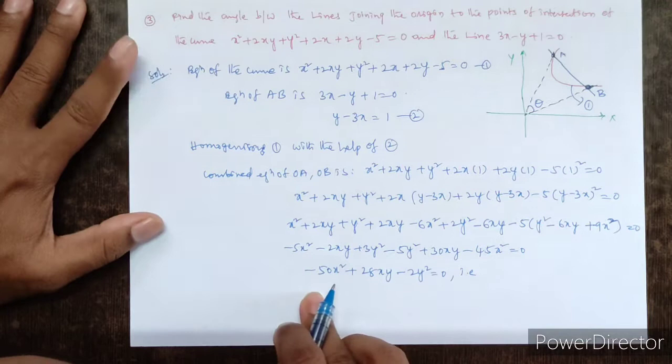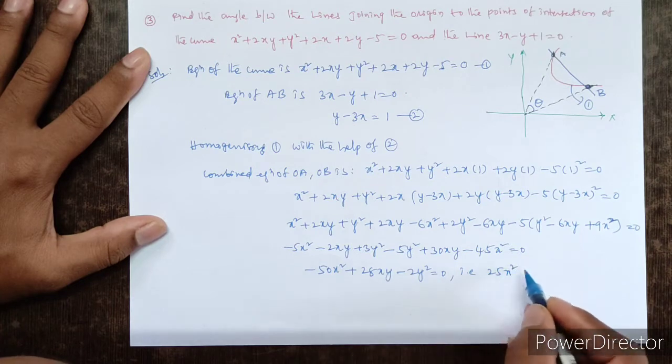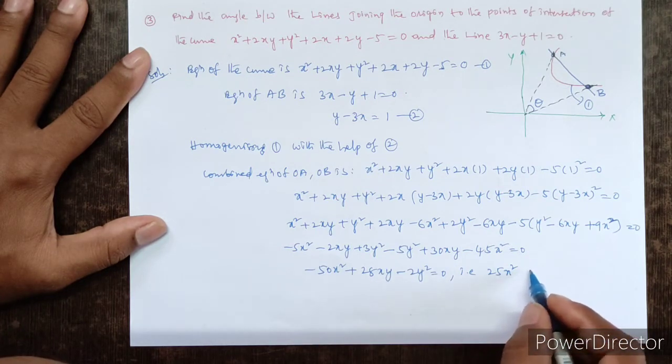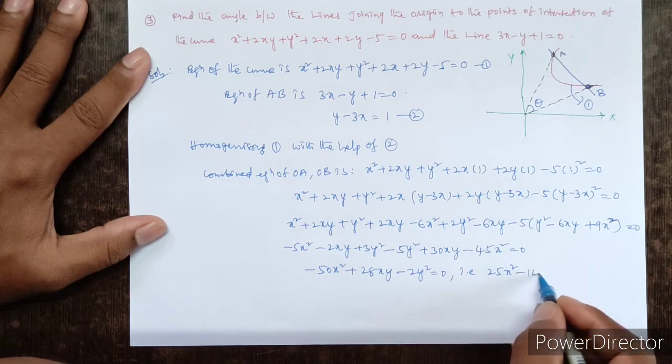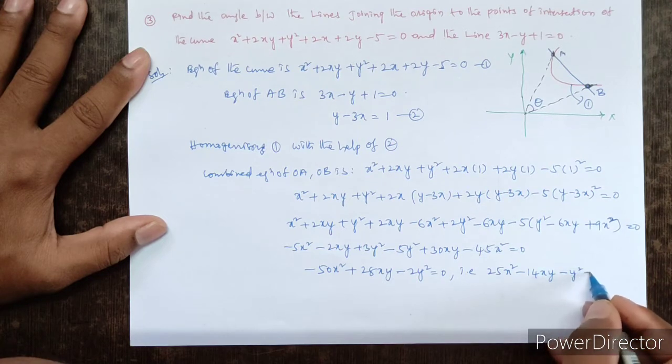Take the common minus 2: 25x square minus 14xy minus y square equal to 0.